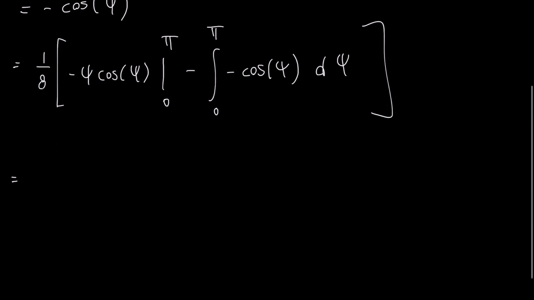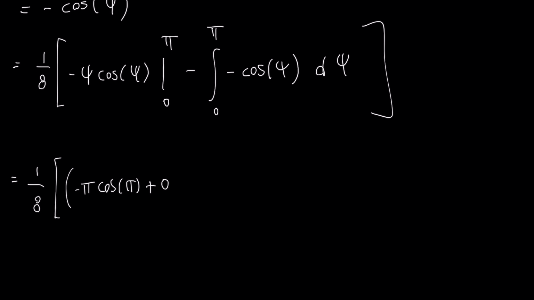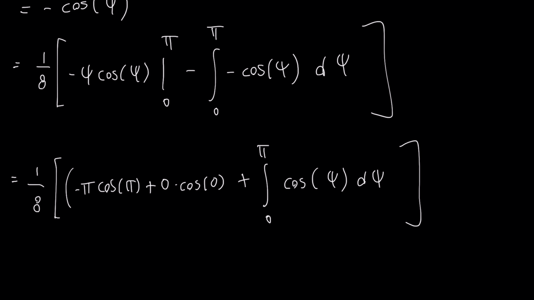So this is equal to 1/8. Applying the bounds, we have negative pi cosine of pi, plus 0 times the cosine of 0, and plus the integral from 0 to pi of cosine psi d psi. 0 times anything is 0.